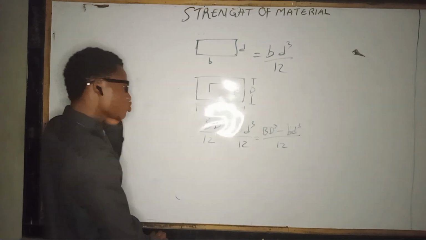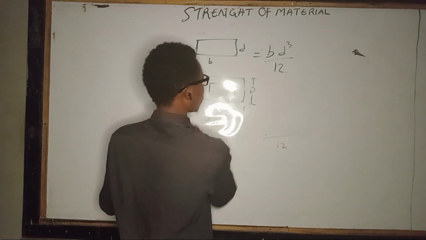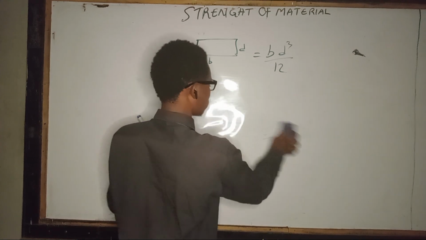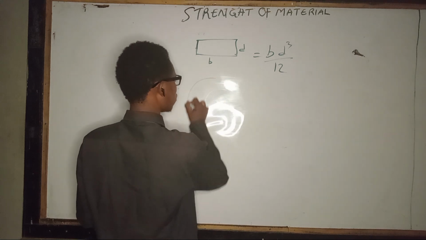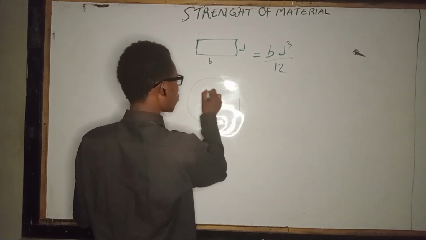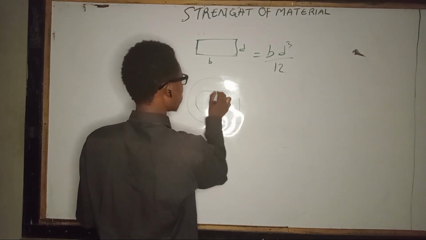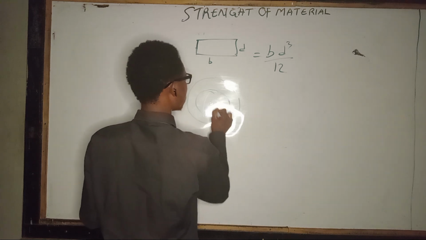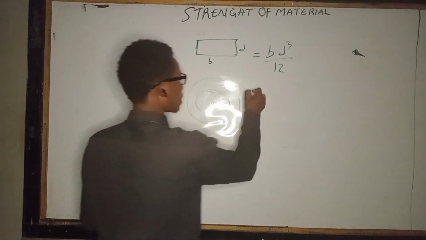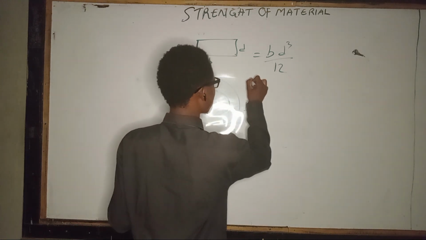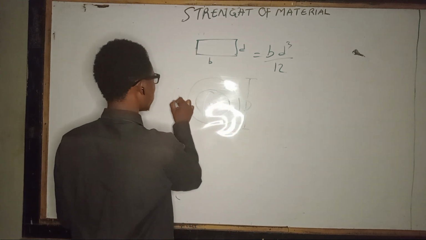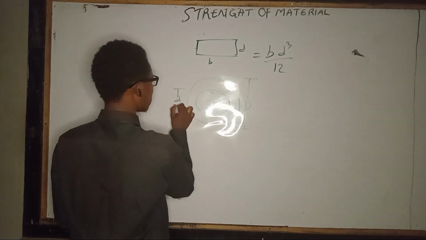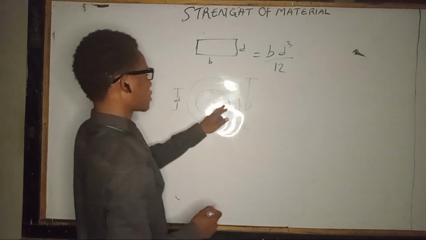And you can also apply the same format for a circle, given that we have a circle that is hollow at the center, whereby this is the radius, and we have D as the big diameter, then we have small d as the small diameter of the inner circle.